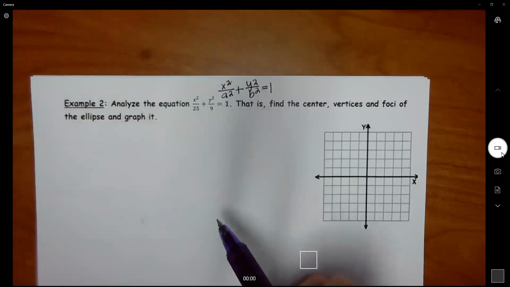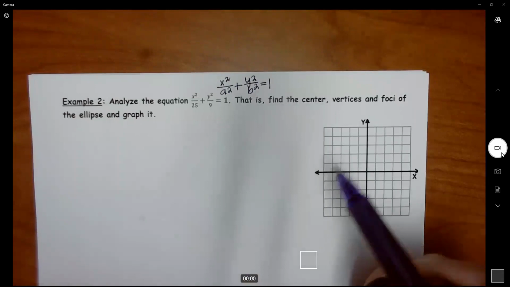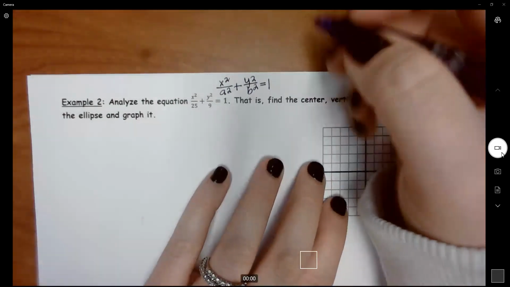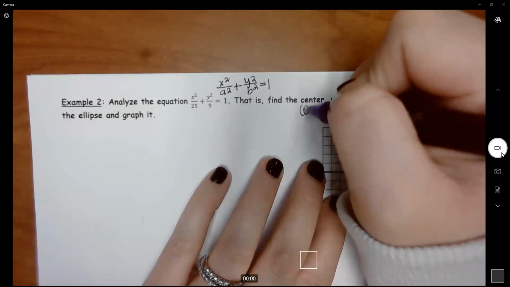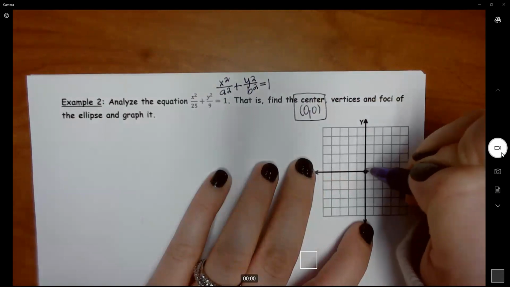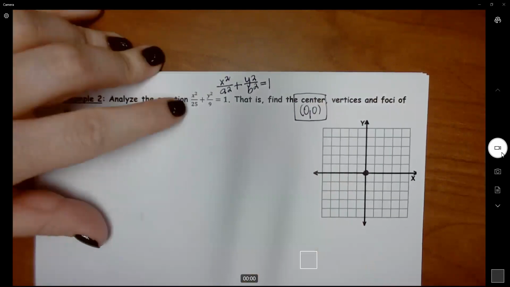Okay, so the center. Well, because this is x squared, y squared, I know that my center is 0, 0. So I'm going to go ahead and slap that on my graph. There's my center. Okay, my vertices have to do with my A, right?